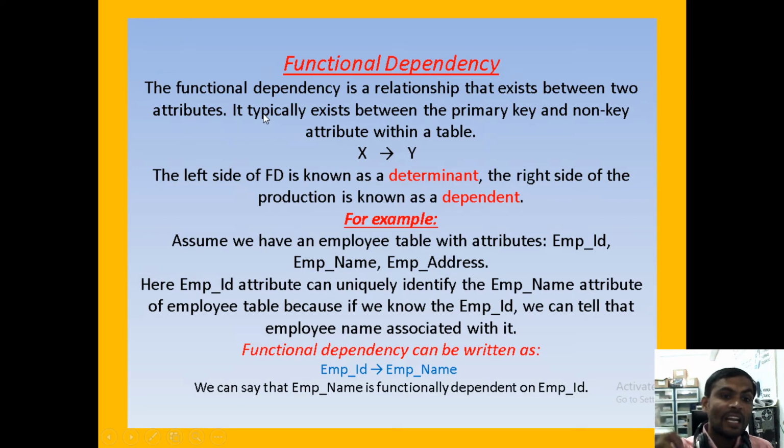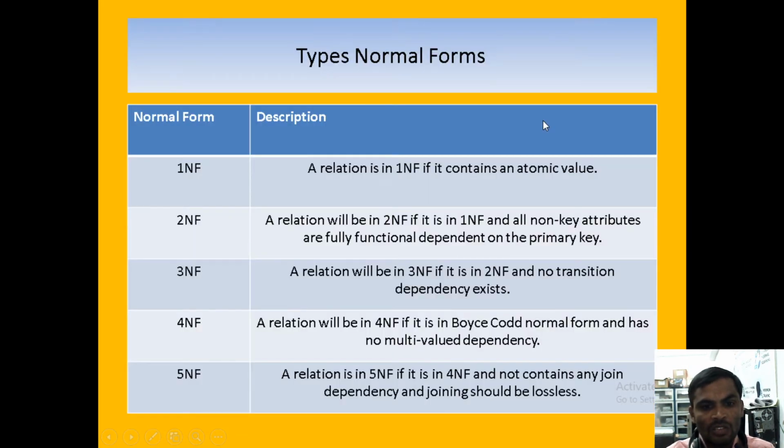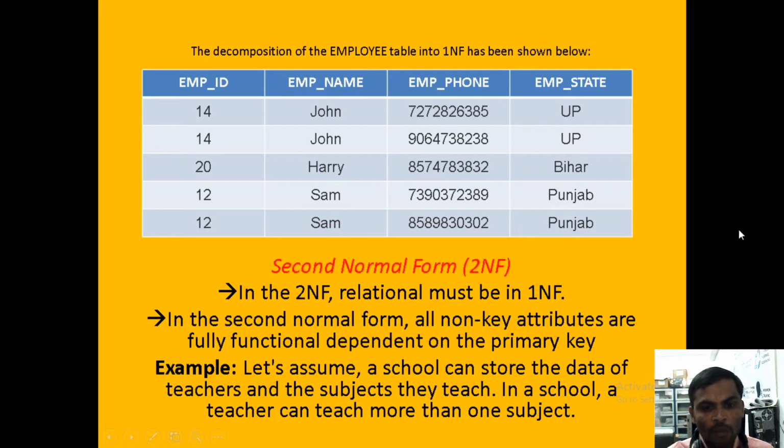It typically exists between the primary key and non-prime attributes within the table. The same scenario applies in the second normal form: all non-key or non-prime attributes are fully functionally dependent on the primary key.